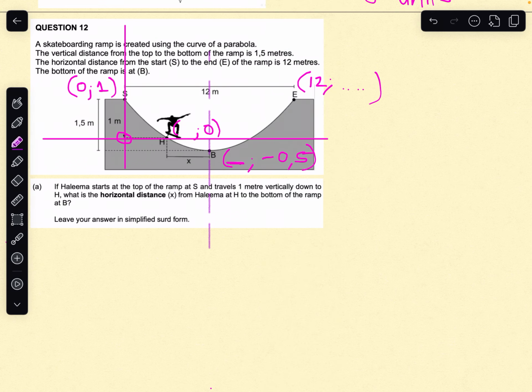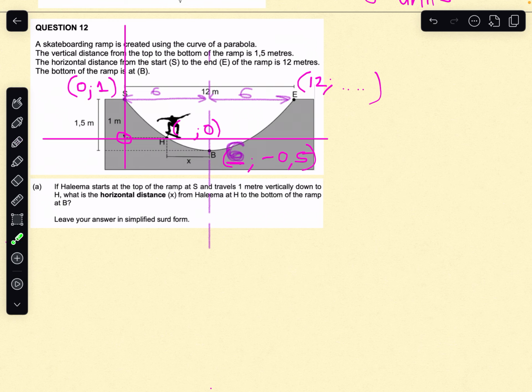Knowing that we have these 2 points that are 12 meters apart, from here to here horizontally is 6 units, and from here to here as well is 6 units. So the coordinates of B would be 6 and negative 0.5.